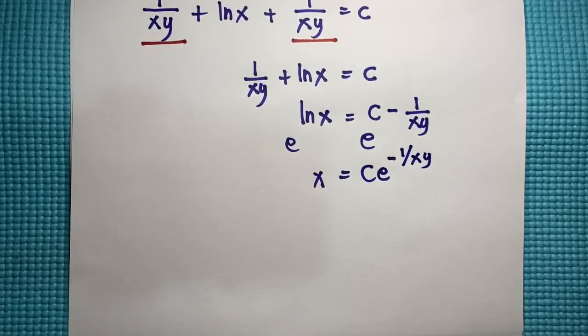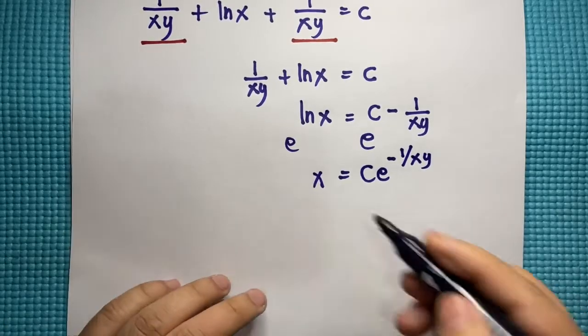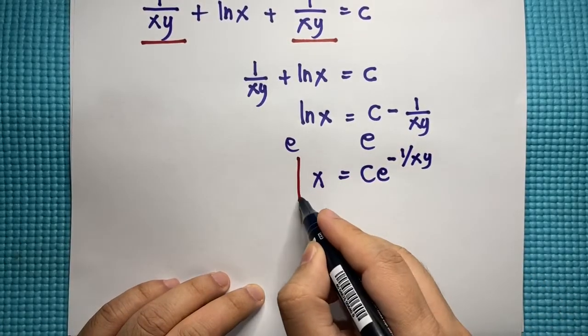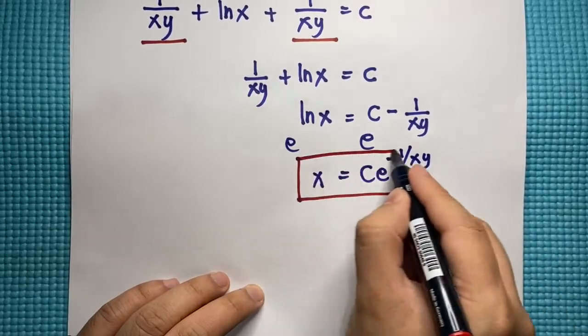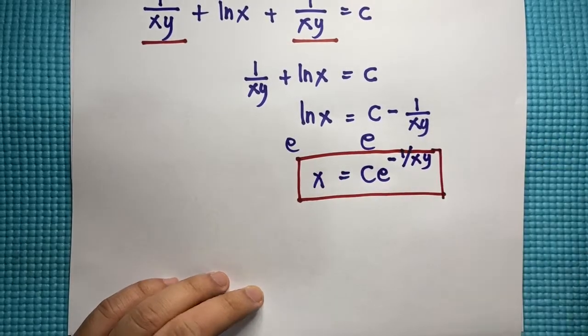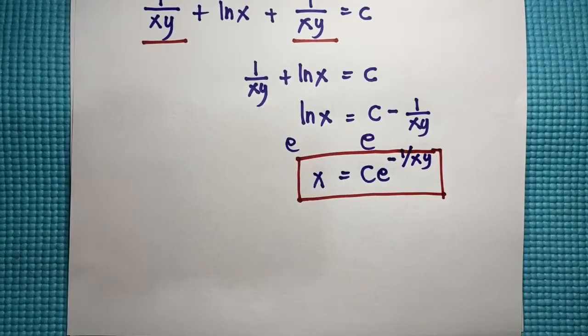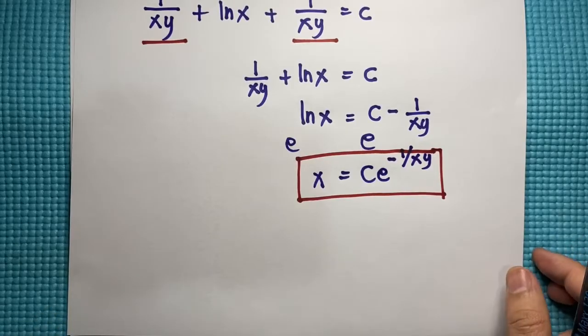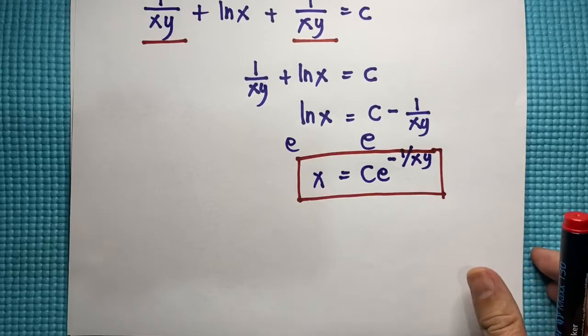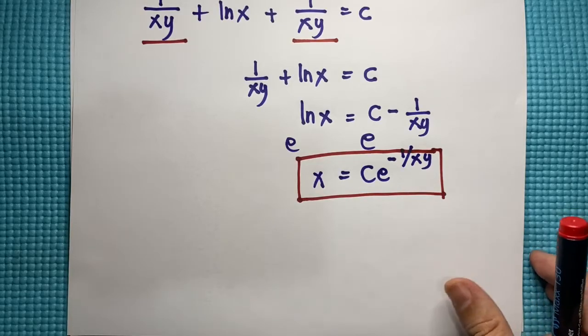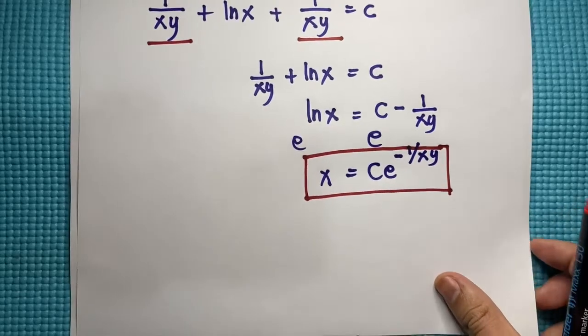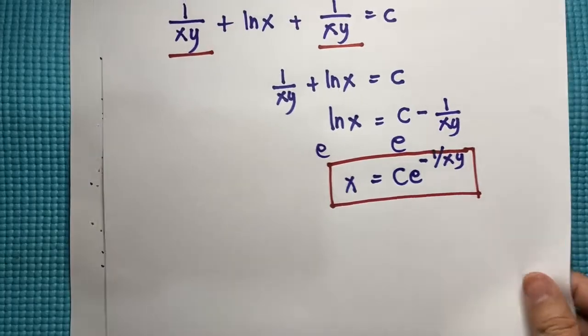So we are left with our general solution: x is equal to c e raised to negative 1 over xy. So that is our third example. So let's proceed with another one.